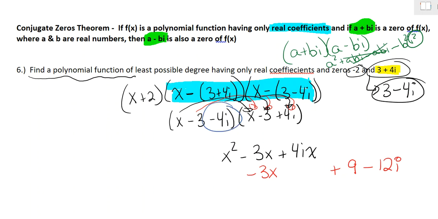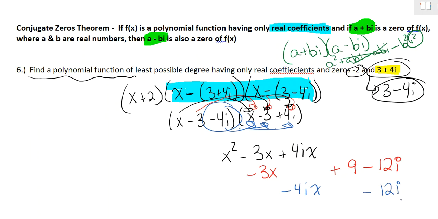And then I'm going to do this with the -4i to each one of these terms. -4i times x is -4ix, and then we get -12i.